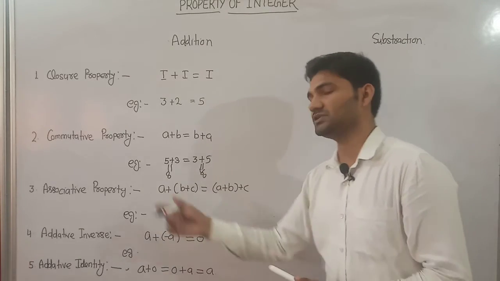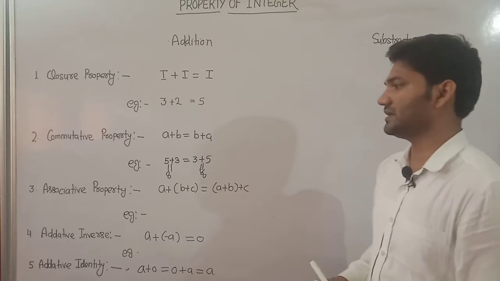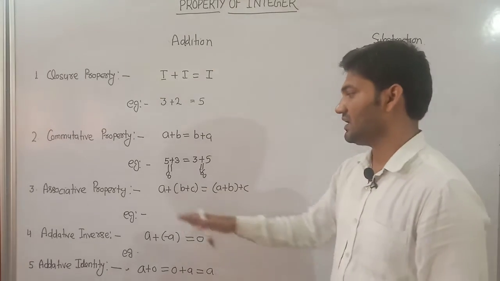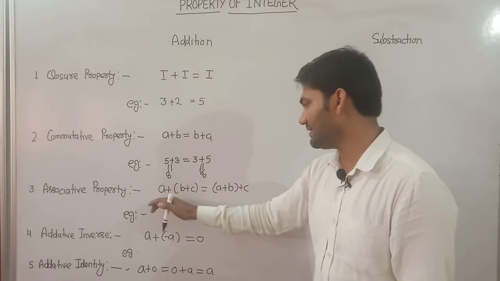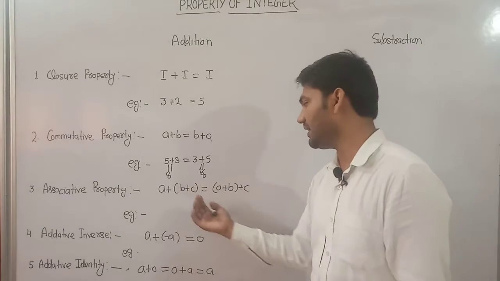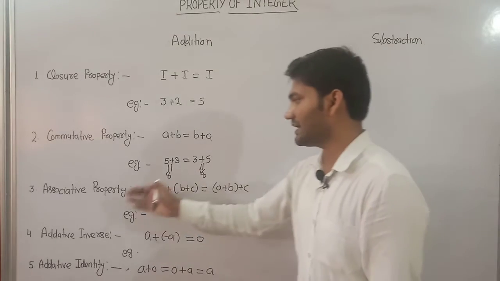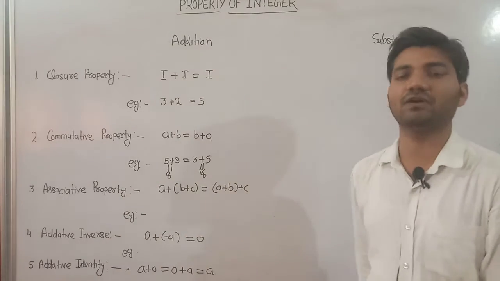And next is the associative property. Three integers are involved in this property: a, b and c. On the left, adding a plus b and then c, and on the right hand side a plus b plus c with the grouping changed. Check whether this property is applicable for addition.